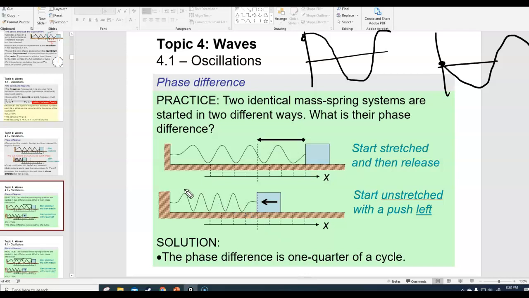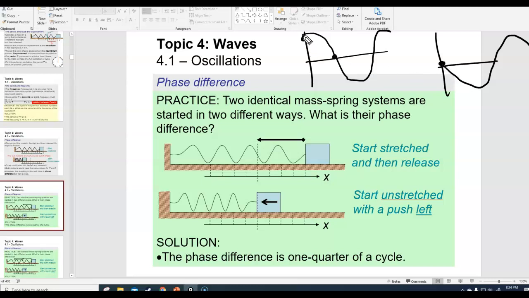Okay, and the question is asking about the phase difference. What it means by that is, if you think about this graph, or the second graph right here, the second graph is ahead of the first graph by how much? The second graph starts at 0 and then goes negative.